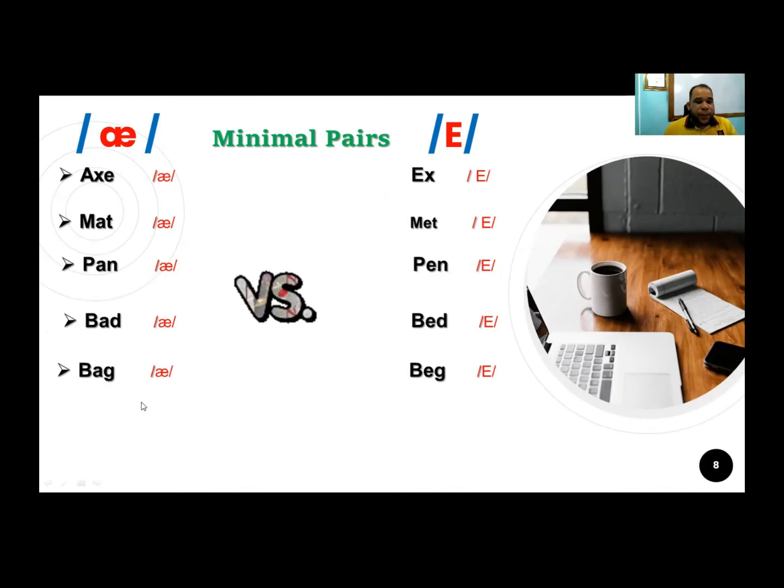Bag, bag. Now, let's see another one. This one, flash. Look at this. Flash versus flesh. Flash. Flesh. Let's repeat them all. Axe, X, mad, met, pan, pen, bad, bed, bag, flash, flesh.